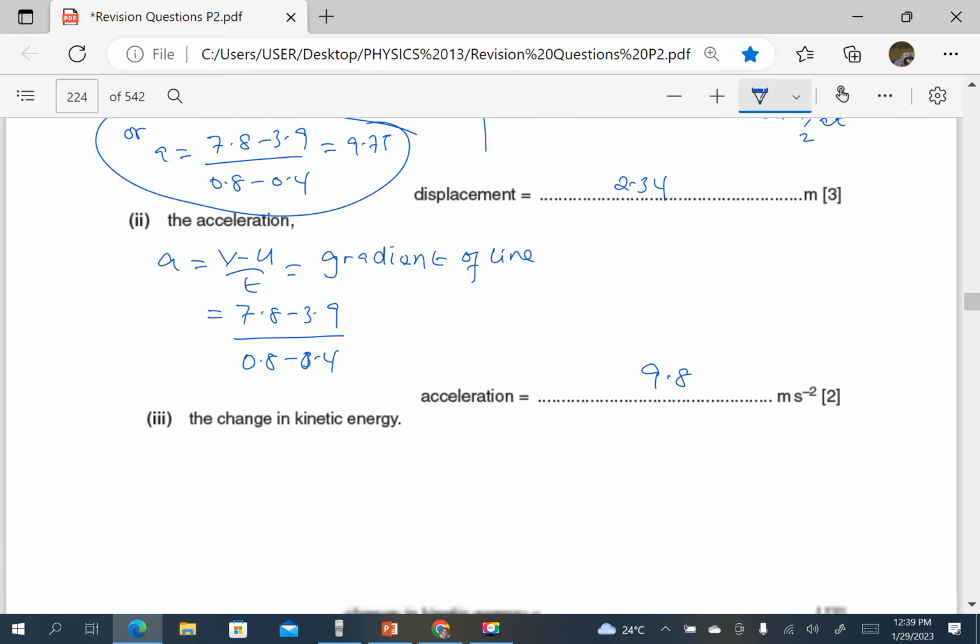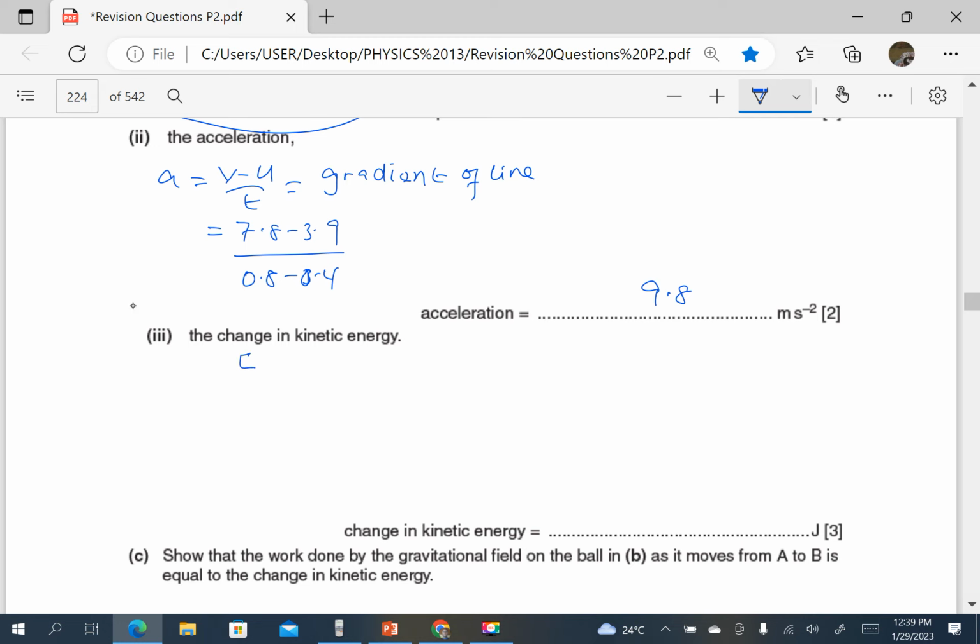Then the change in kinetic energy. We know that kinetic energy EK is a half m v squared. Now we want the change. Remember the speed changes, so this will be a half times the mass, times the final speed v squared, minus a half times the initial speed u squared. So that is a half times 1.5 times 7.8 squared minus a half times 1.5 times 3.9 squared.